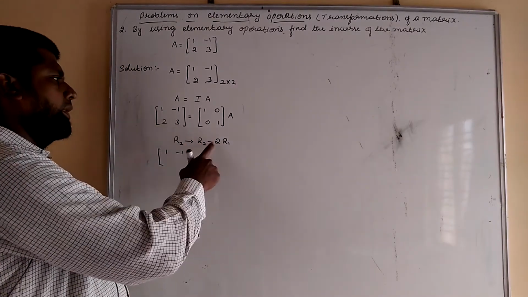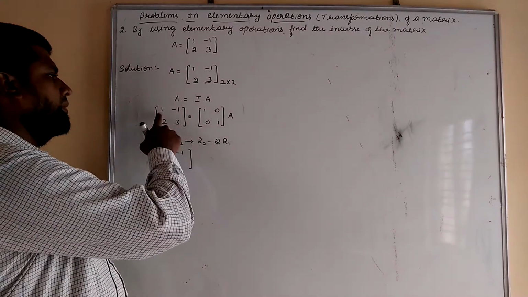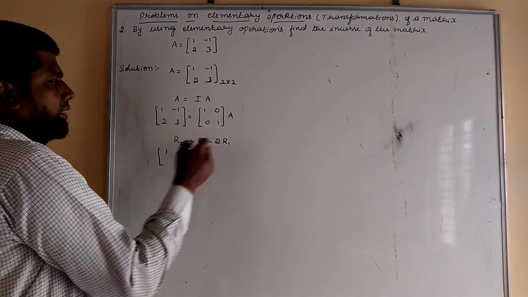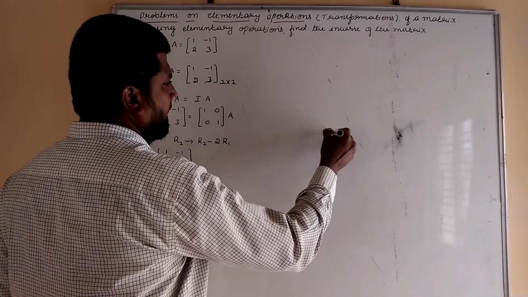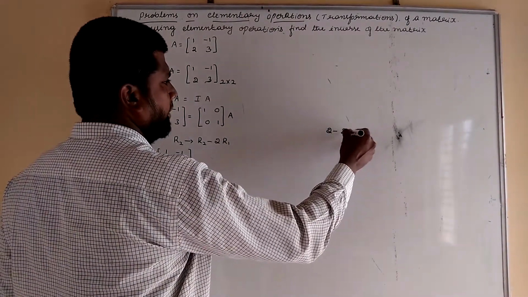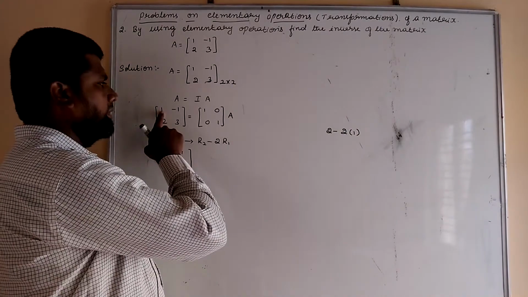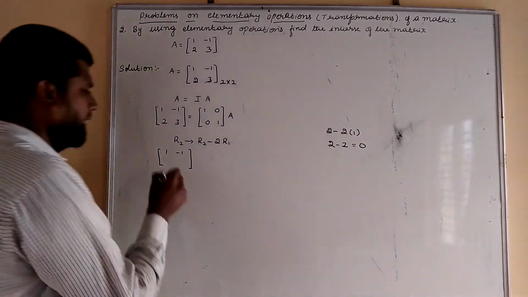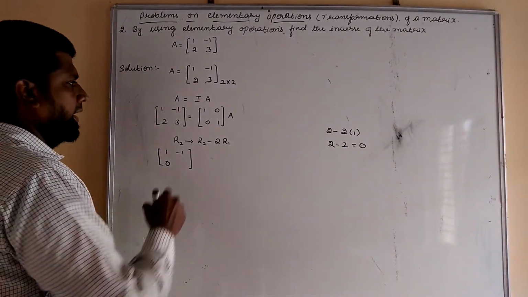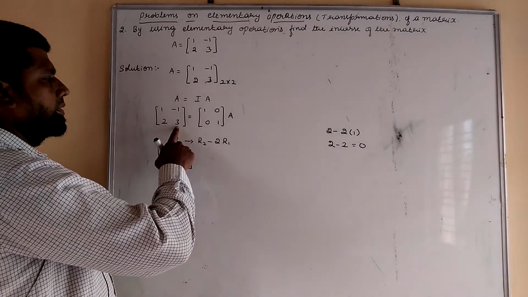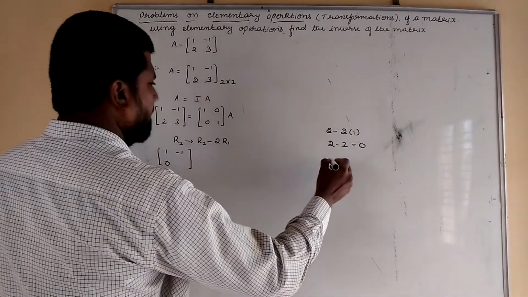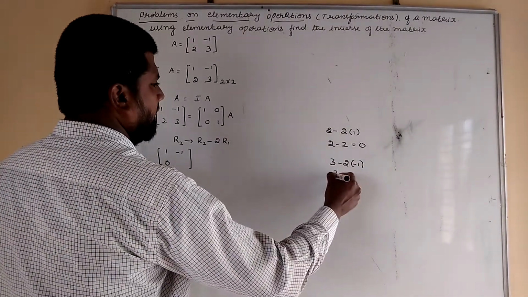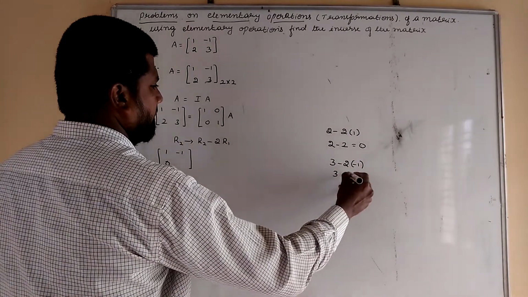So 2R1 means 2 into 1. Let us write here 2 minus 2 into 1. 1 is the R1 element, so 2 minus 2 is equal to 0. Next, R2 changes to R2 minus 2R1, meaning 3 minus 2 into minus 1, which is 3 plus 2.